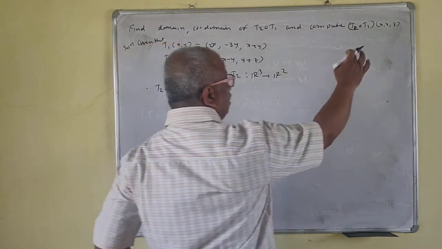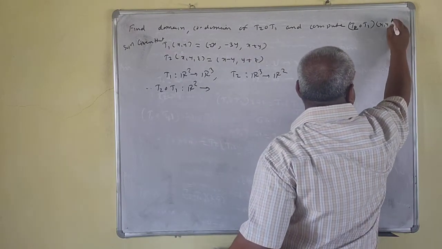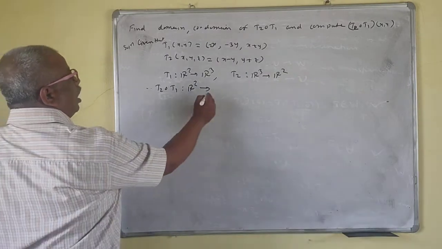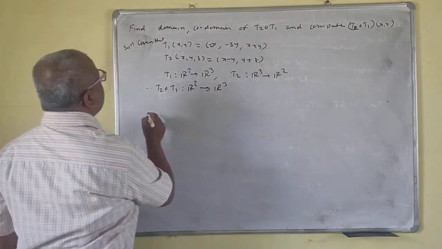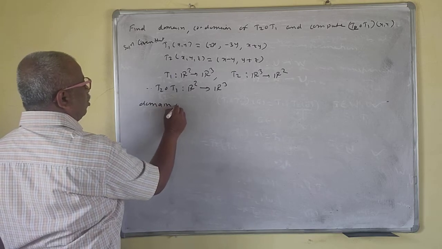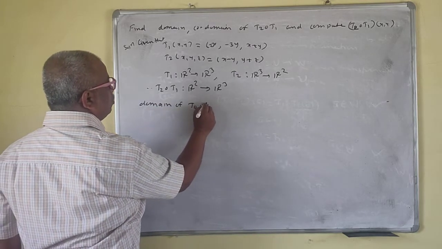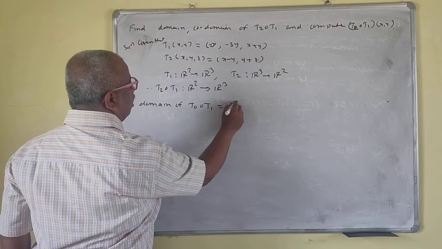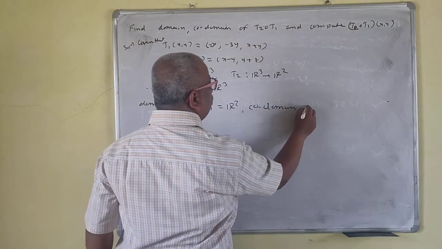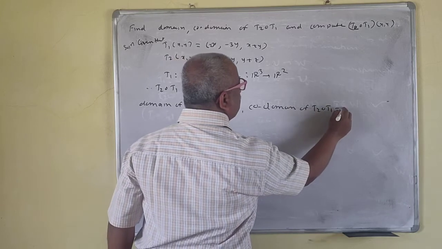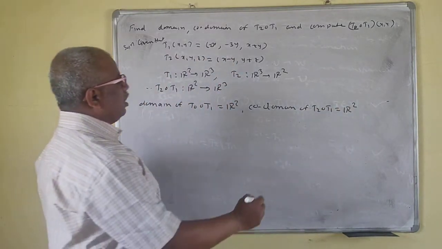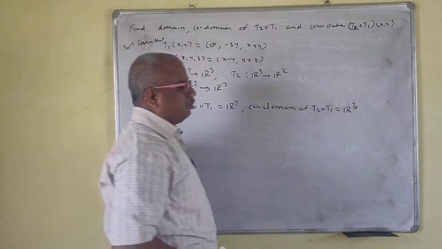So not XYZ, this is a printing mistake. This is XY. R2 to R3. So the domain of T2 compose T1 is R2. The codomain of T2 compose T1 is R3.